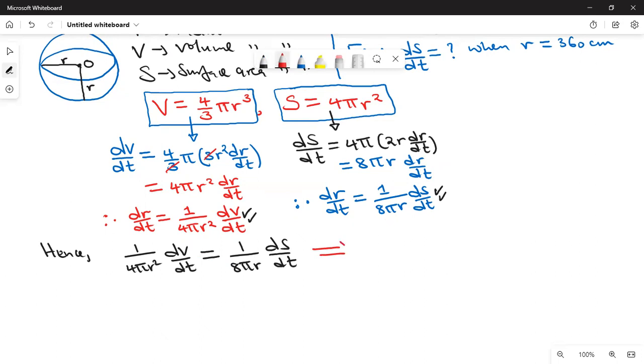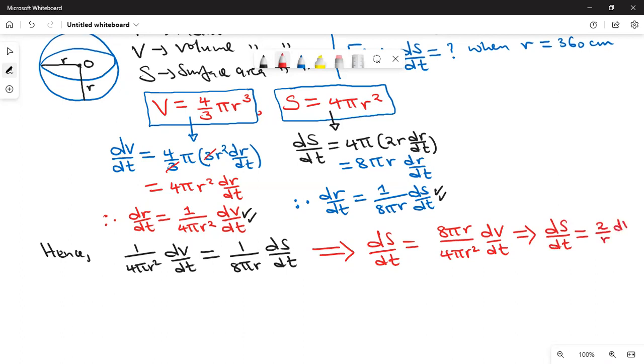So this implies that dS/dt is equal to 8 pi r over 4 pi r squared dV/dt, which if I simplify this further, I'm going to get dS/dt is equal to, of course, in the numerator we'll have 2, the denominator will have r, then times dV/dt. That is the relation between S and V.